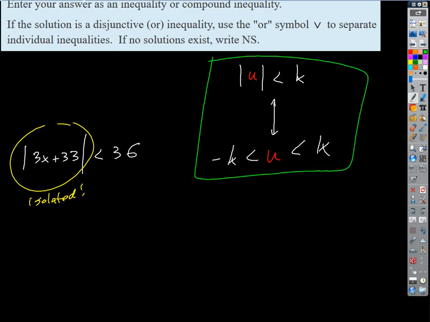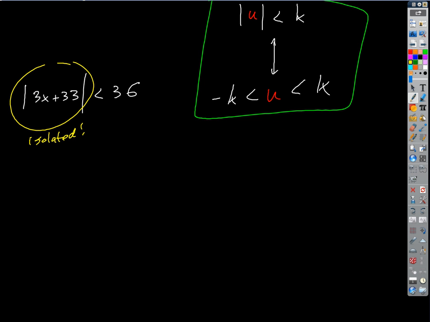So what's that going to look like over here then? This is our u, right? What's inside the absolute values is our u. So what's it got to be? Willie, what's it going to be then? I'm not really sure. Okay, so what if that worked out to be, I picked an x, so I got a 38 in there.